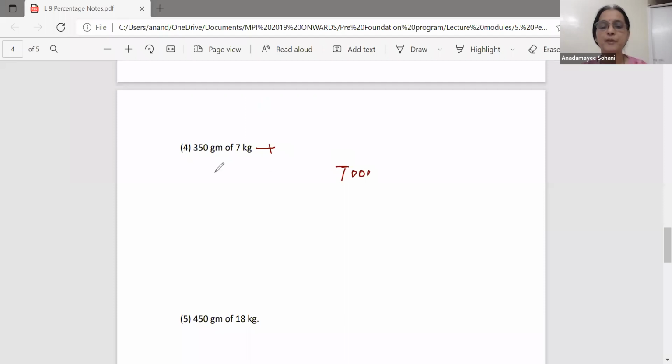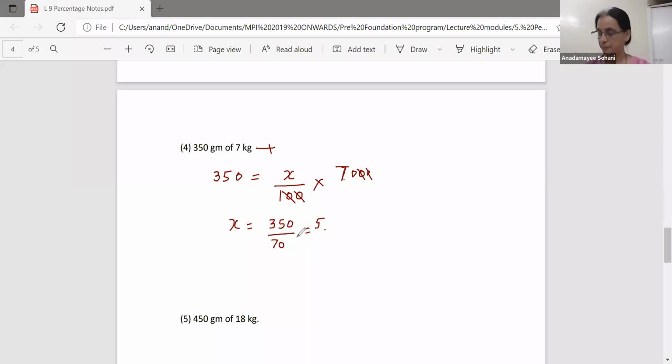So 350 grams is what percent of 7,000? 70x will be 350. X will be again 350 upon 70. That is 5.